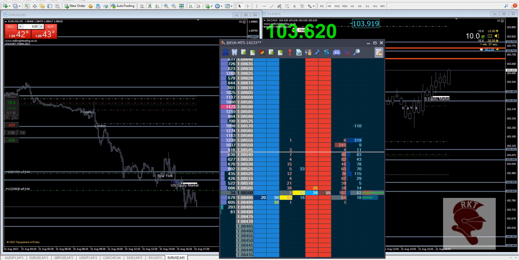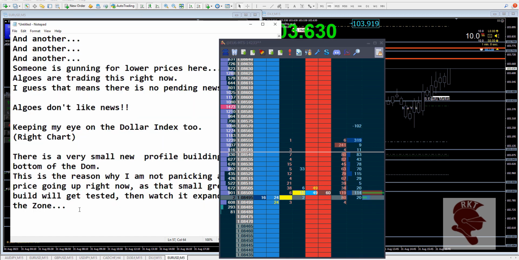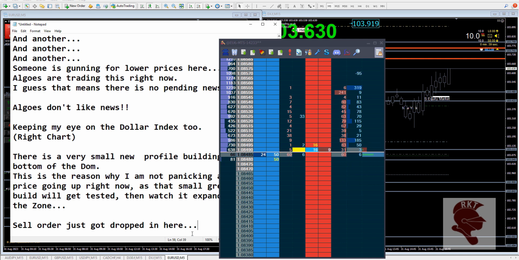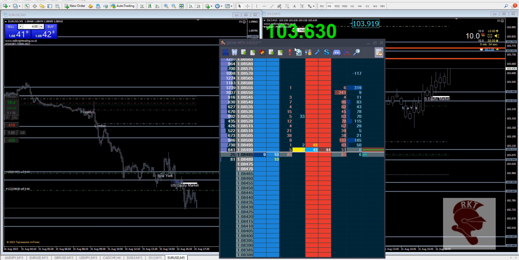Are we going to get on? Yeah. Now you see, if you look at where we're hitting here, that's denoted by the inner, the DOM, the inner, the brown and the light blue. Round about 50, they start to get aggressive hitting the bid.